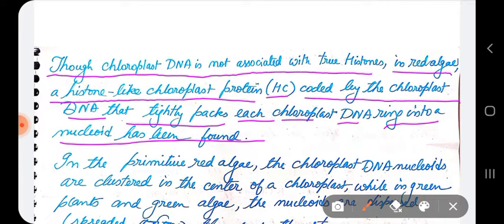But we have seen in red algae that a histone-like protein, coded by the chloroplast DNA, tightly packs the chloroplast DNA just like a nucleosome that we see in a chromosome.